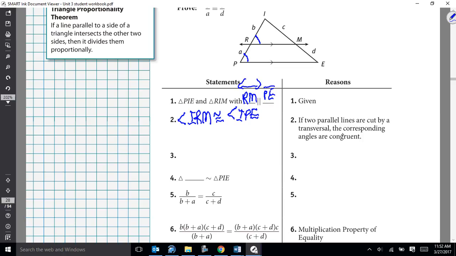All right, so for number 3, it left it open for statement and reasons, and we have a couple options. We need to show that at least one more pair of angles are congruent. Which one do you want to use? Or we can do angle I, the one at the top.